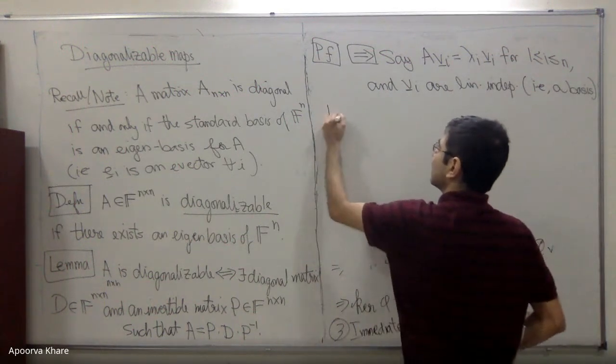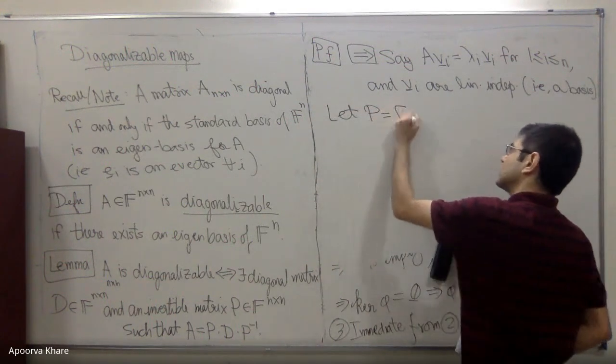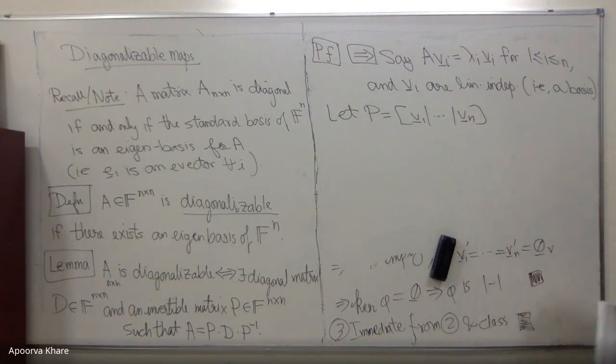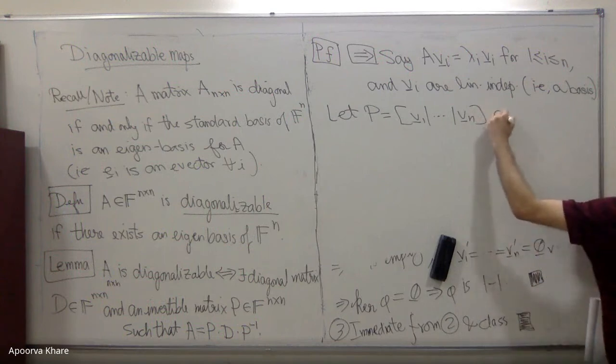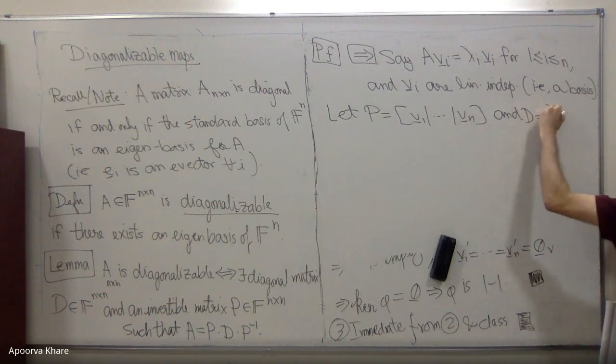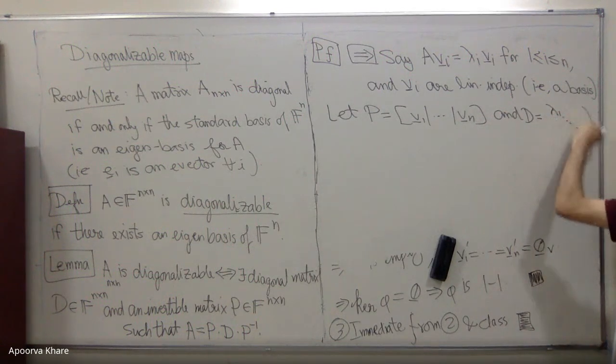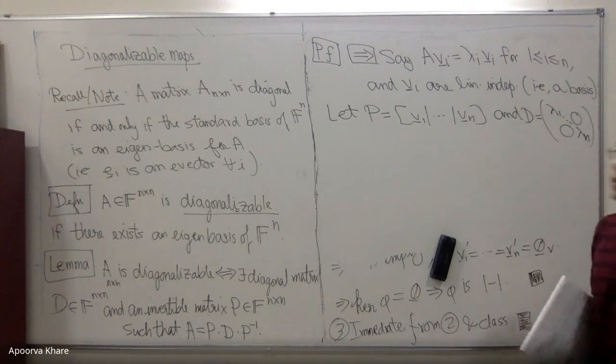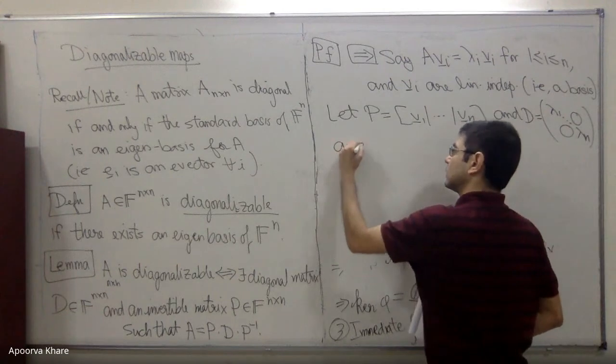Then let P equal the matrix with these columns, and D equal, of course, the matrix with these diagonal entries. And check that A equals P D P inverse.